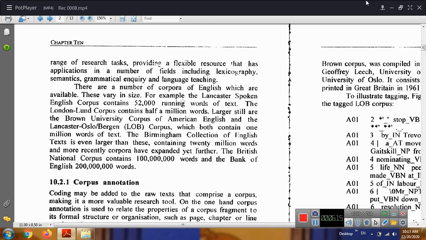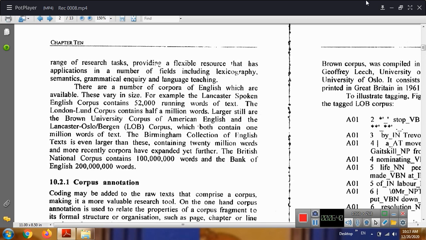For example, the Lancaster Spoken English corpus contains 52,000 running words of text. The London-Lund corpus contains 500,000 words.